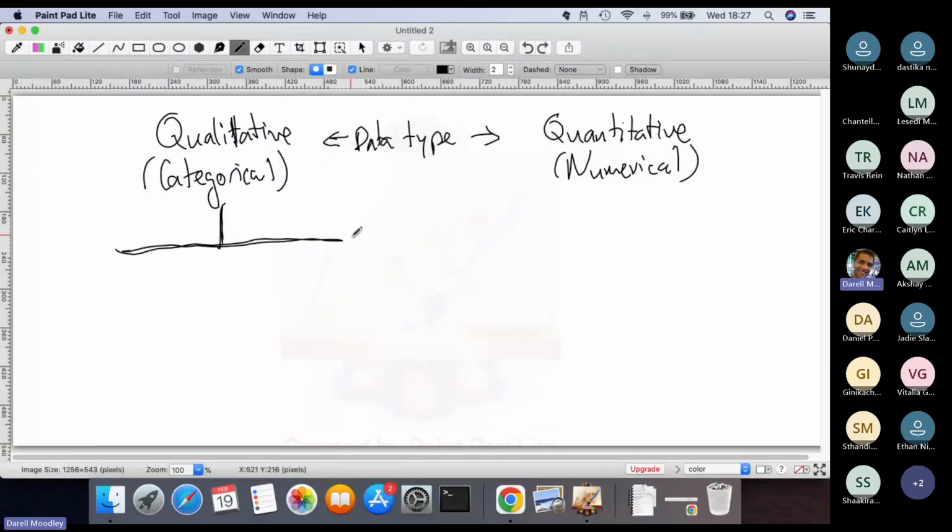Then you can go one step further and describe what measurement scale they are. Now, qualitative or categorical variables have two types of scales, and I'll explain the difference now. I'll write the names. There is the nominal and there's ordinal.